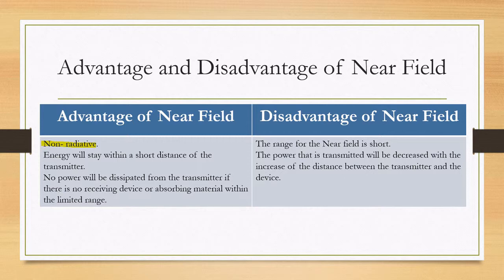However, the disadvantage of the near field is that its range is short. This means that the power transmitted will decrease as the distance between the transmitter and the device increases. Hence, the near field technique cannot be used for long-range power transmission.